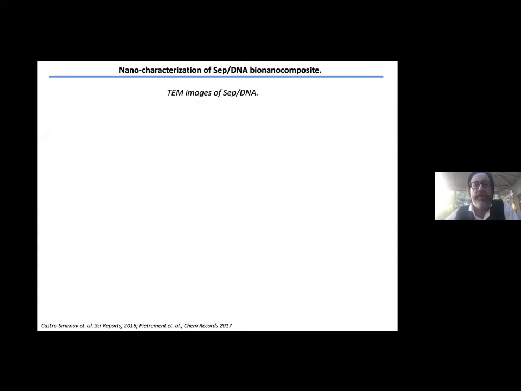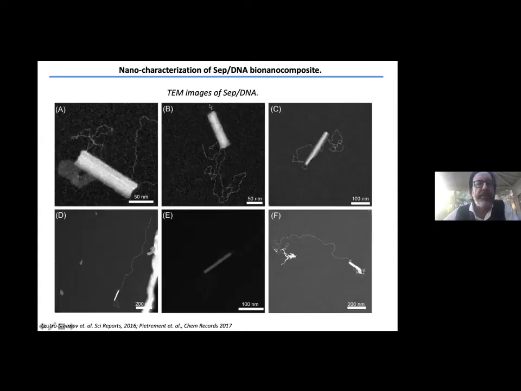This is some pictures by transmission electron microscopy. Here you have the fiber of sepiolite, and here you can see the molecules of DNA all around the sepiolite.